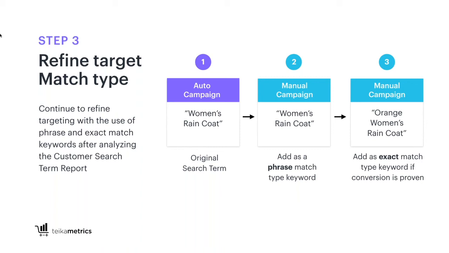And the reason why you want to go from broad to phrase and phrase to exact is that as you go up the hierarchy, you're actually becoming a lot more competitive for that keyword. There's going to be fewer searches that can match to that keyword. So if you look at broad as an example, there's hundreds, maybe thousands of variations of search that would match to the broad term women's raincoat, as opposed to just having the exact term orange women's raincoat.